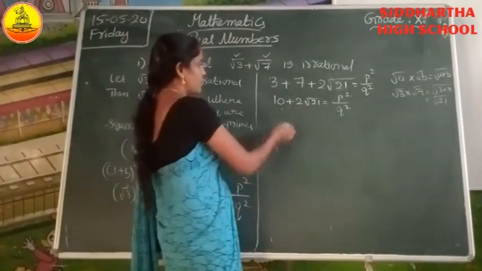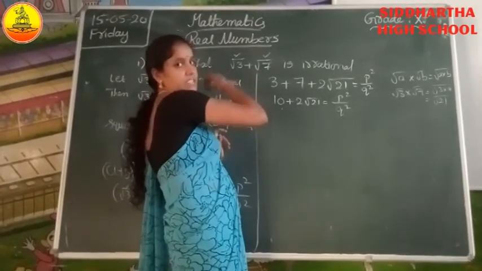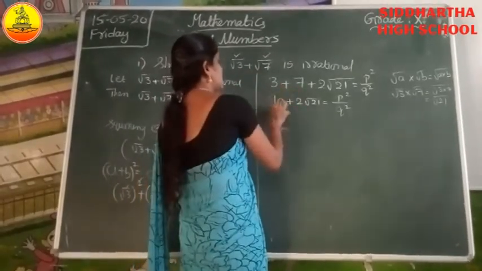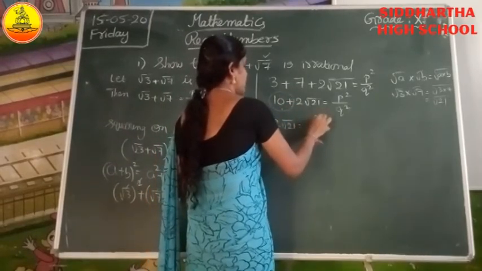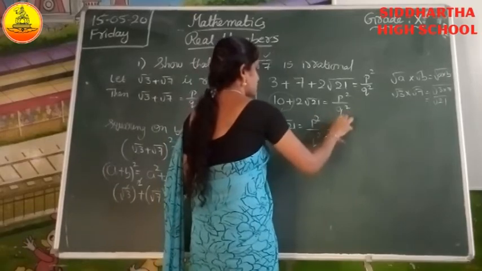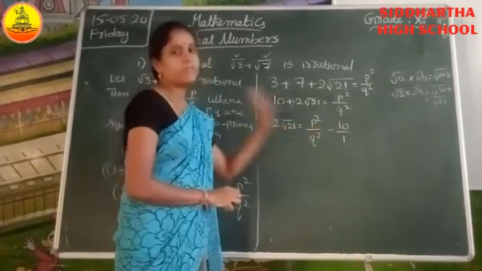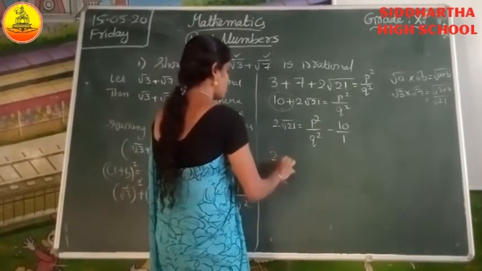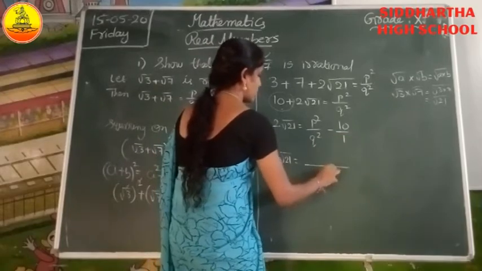Now what we have to do from this onwards, you already did in the previous sum. In the same way you have to do. When plus 10 is transposed to that side, it becomes minus 10 by 1, because 10 means 10 by 1. Now 2 root 21 is equal to, what is the LCM of q square and 1? Q square.